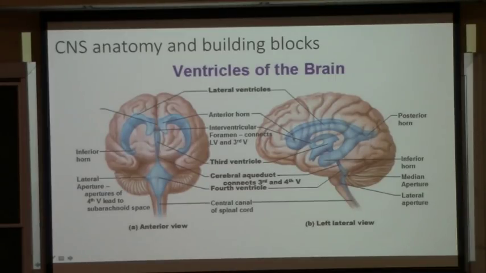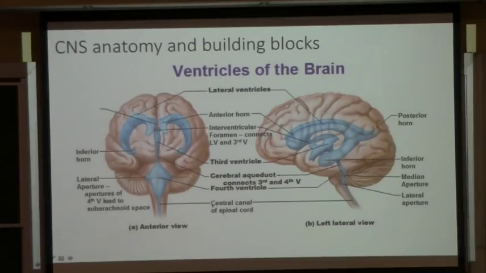For the ventricular system, you have two lateral ventricles, and then it goes into the third ventricle here. After the cerebral aqueduct, it goes to the fourth ventricle, which is in the brainstem, and finally to the spinal cord. When I took the medical class, the teacher said that the structure of these ventricles looks like the spaceship in Star Trek.